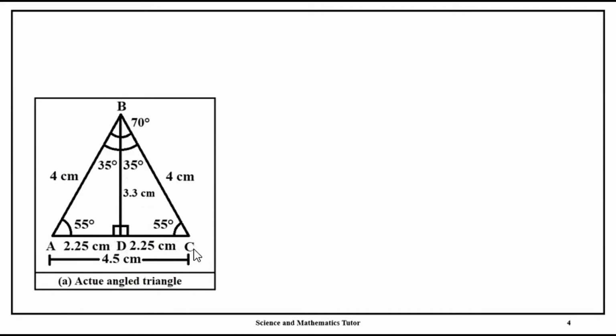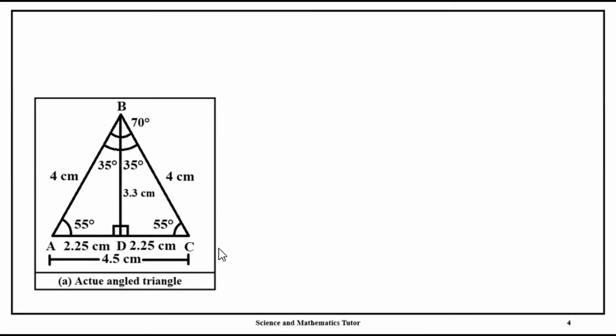Coming to the next right angle triangle, that is BDC, its angles are angle C 55 degrees, angle D 90 degrees, and angle B 35 degrees. And its sides measure side BC 4 centimeters, side DC 2.25 centimeters, and side BD 3.3 centimeters. So this acute angle triangle can be easily converted into a right angle triangle by drawing a perpendicular from one of its vertices to its base AC.